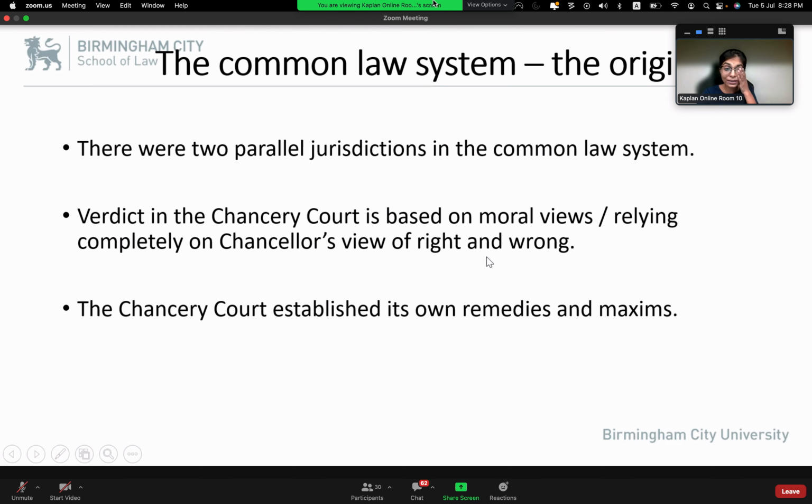Okay? So for example, just to explain to you, can you see this Chancery Court has created their own remedies? They resolved issues not based on common law remedies. They resolved issues based on the Chancery Court's remedies.